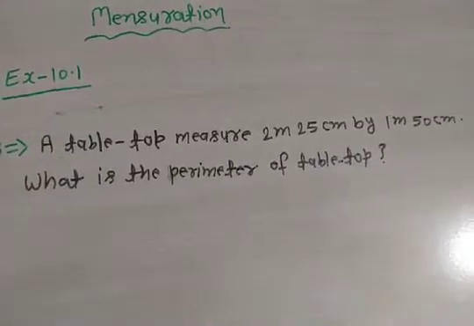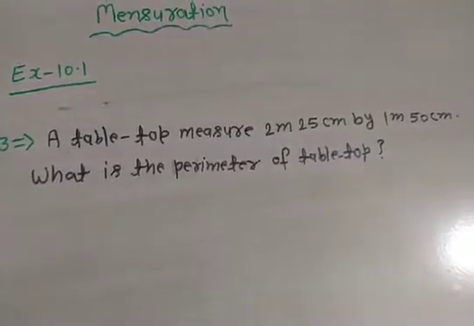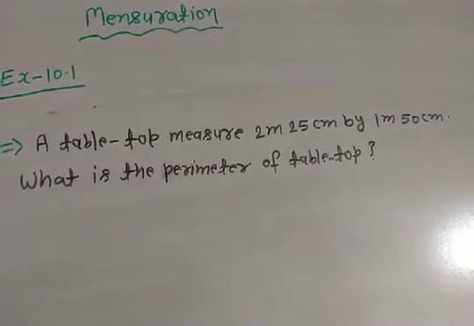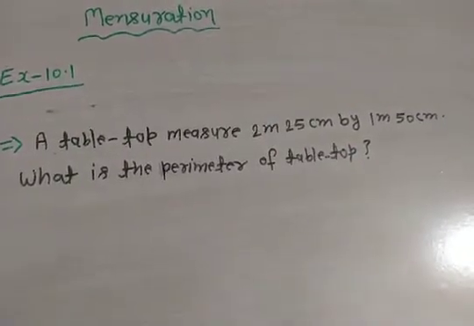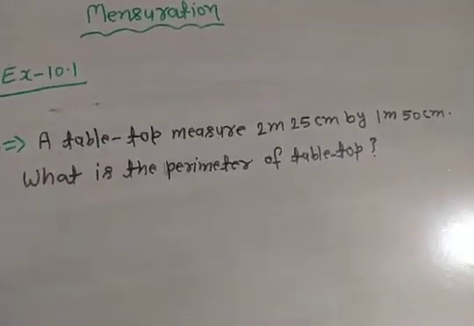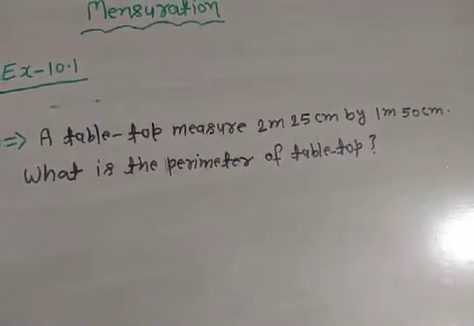Question number 3. A tabletop measures 2 meters 25 centimeters by 1 meter 50 centimeters. What is the perimeter of the tabletop? You can see this measurement.